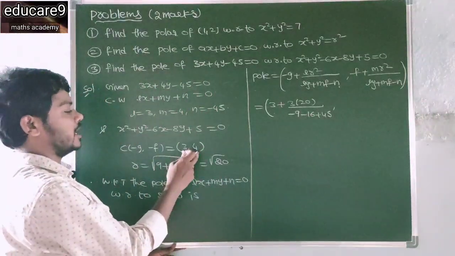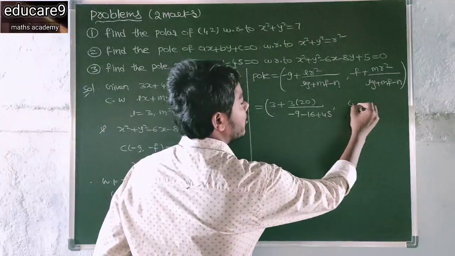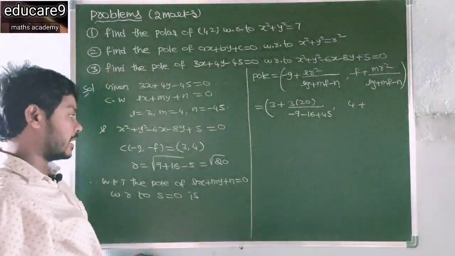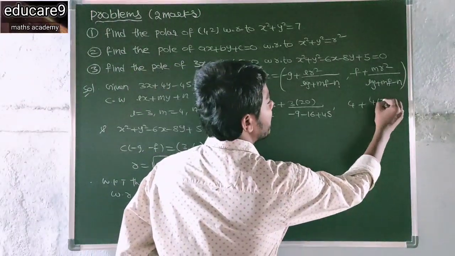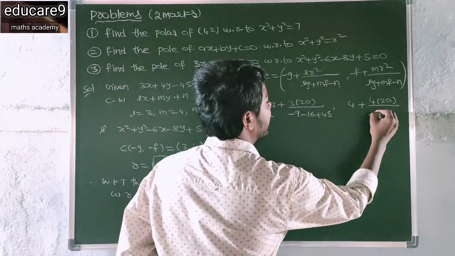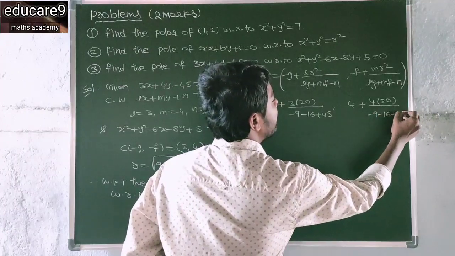So what is minus f value? 4, plus m r square. m is what? 4 into r square is 20. So divide by minus 9 minus 16 plus 45.